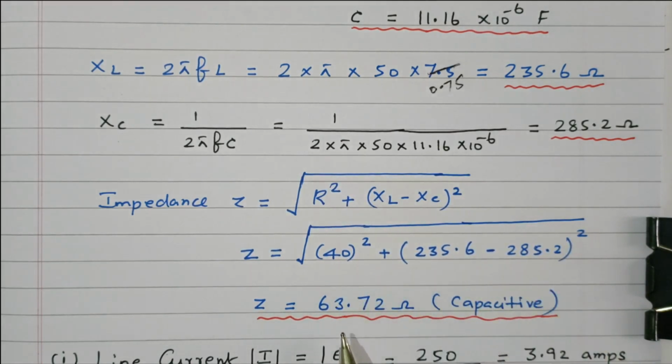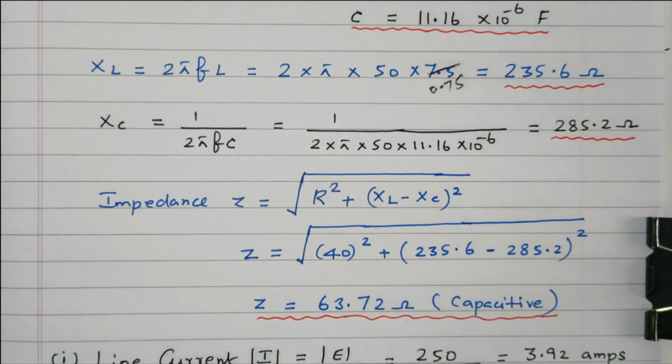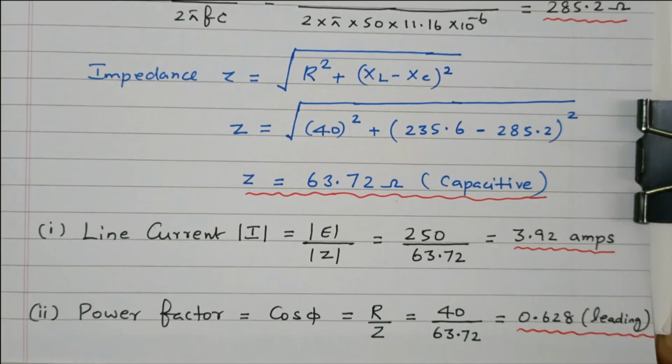While simplifying we got 63.72 ohm capacitive, because this value is capacitive. So the impedance value is calculated. From the resonant frequency, first we calculated the capacitor value, then XL, XC, finally impedance. So from this value we can find the required data one by one.